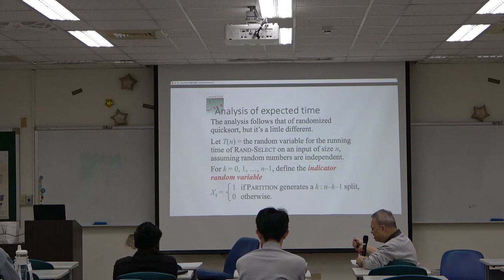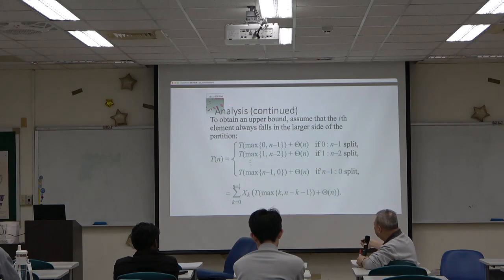So k can range from 0 to n minus 1. Then your T(n), the time complexity, can be represented by one of these, right?